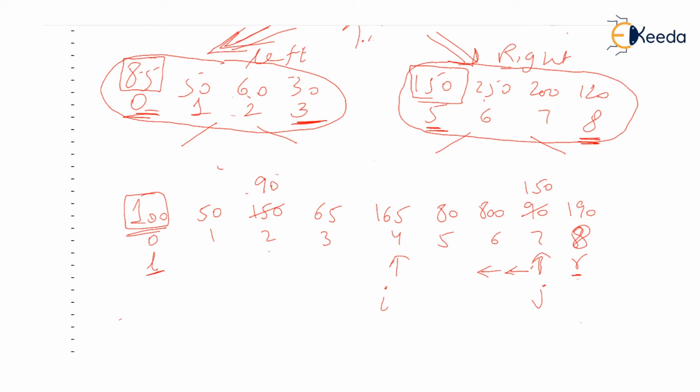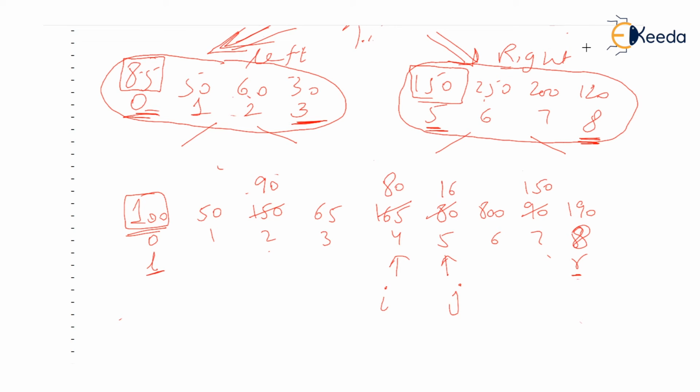Even 100 is okay. So we now will stop j at the fifth place because fifth place is storing 80, which is less than or equal to. Now I and j have still not crossed, both have stopped, but I is not greater than j. So we will swap ai with aj. So 80 and 165 will now get swapped.